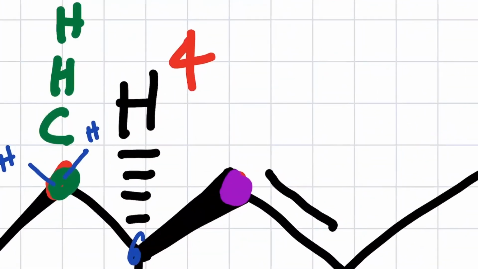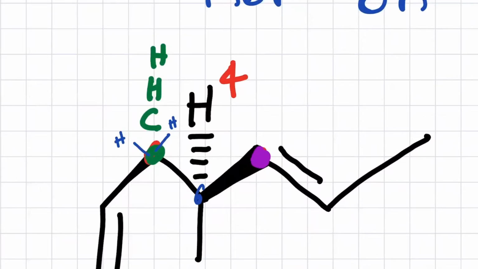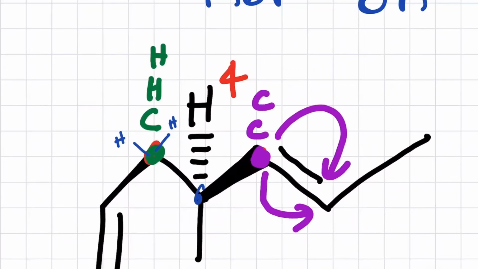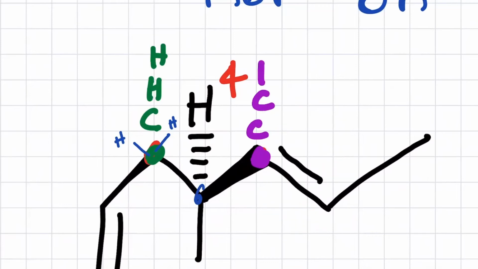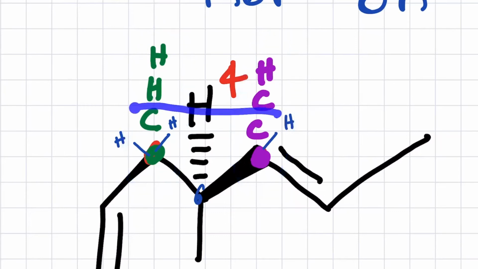Now the purple carbon is attached to, let's see, 1 carbon, another carbon, and a hydrogen that is not shown, but we know is there, because again, it is a line bond structure. Now let's see, did we break the tie? Which one is more important between these 2 carbons? Let's compare the groups.